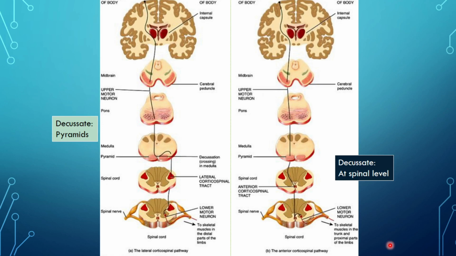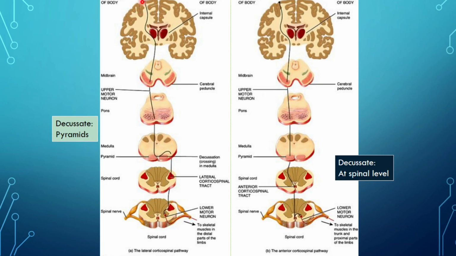So if we want to move something, what might we want to move? A finger. You might want to move a toe. I don't know. Let's move something in the hand. Okay. So when we want to move our hand, for example, the impulse is going to start within the primary motor cortex of the cerebrum.